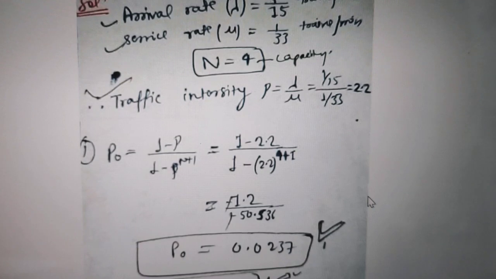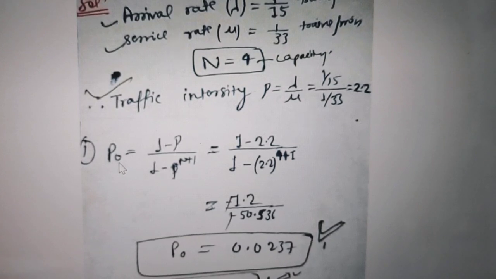For the first problem, we have to find the probability that the yard is empty. We use the formula for P0, as I already discussed in the previous video. P0 is equal to 1 minus rho divided by 1 minus rho to the power N plus 1.